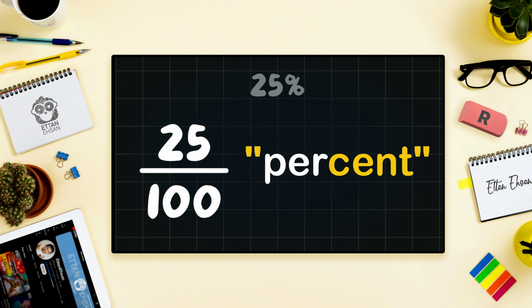Cent, I'm sure you've heard in money, would be $0.01. Okay, and so basically in Latin or Greek, I forgot. Okay, but in one of the two languages, cent means 100. That's what I remember. So basically, per cent means, well, per 100. So every 100. You see what I mean?